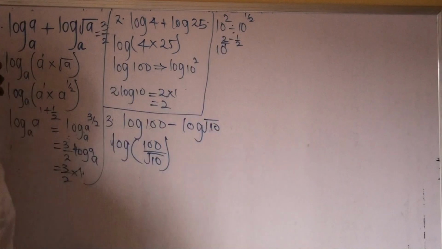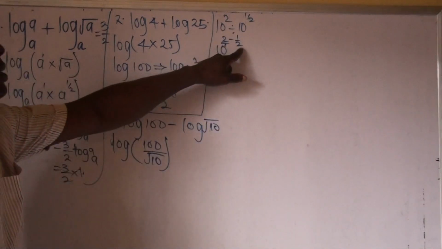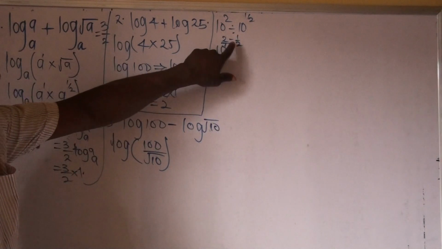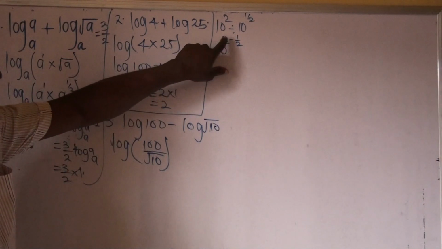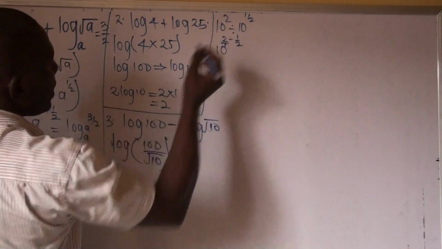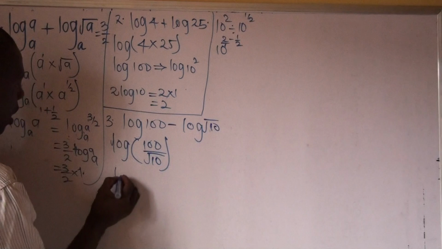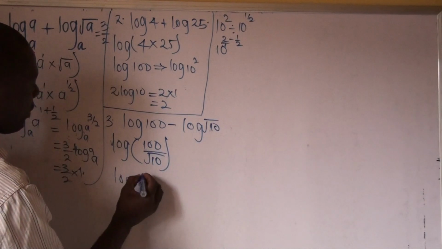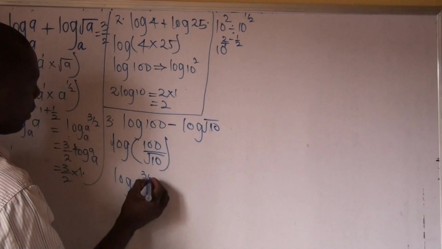So if you do this operation, 2 times 2 gives us 4 minus 1, which is 3 over 2, and that means this becomes log of 10 raised to power 3 over 2.